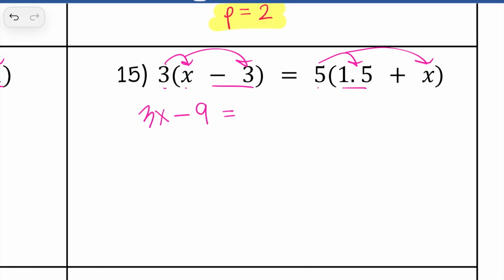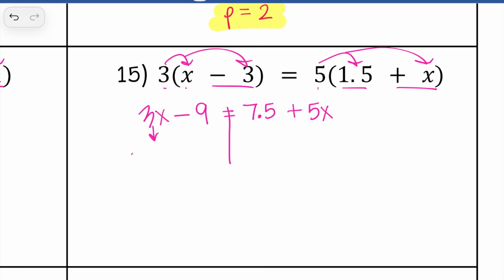So 5 times 1.5 is going to be 7.5. And then I'm going to do 5 times positive x, so that'd be plus 5x.